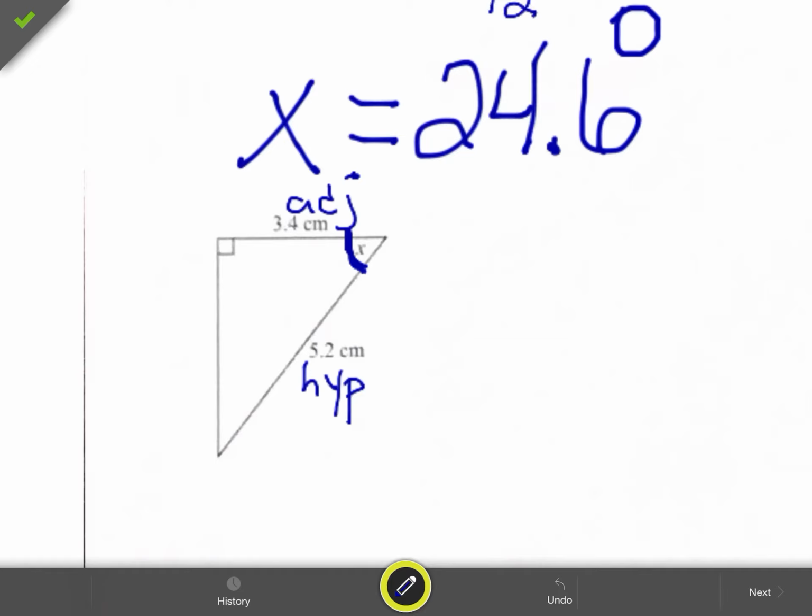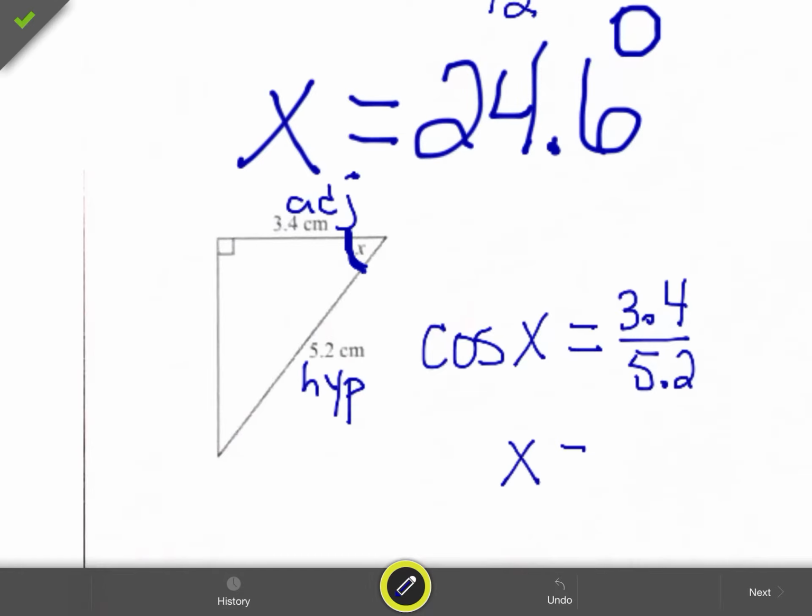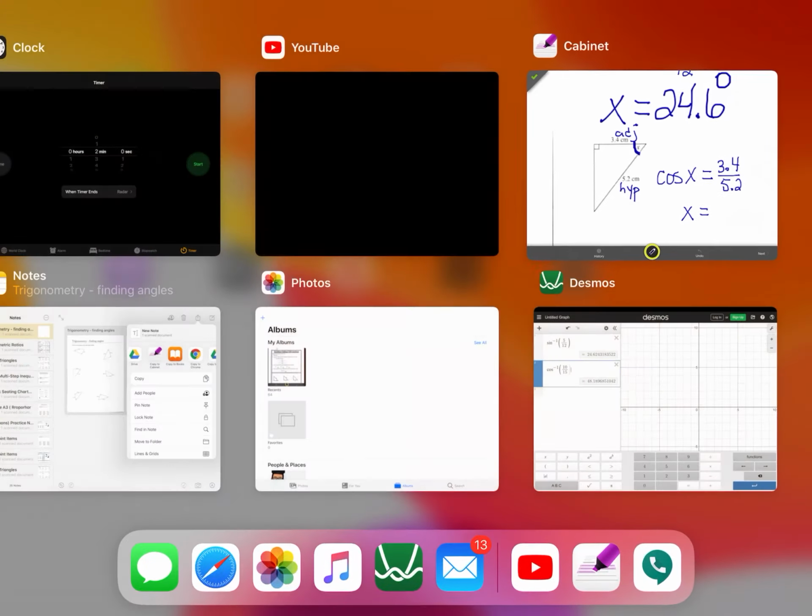Hopefully we recognize pretty quickly, well, this is cosine again, because we just did one. Cosine of my angle equals adjacent, 3.4, over hypotenuse, 5.2.